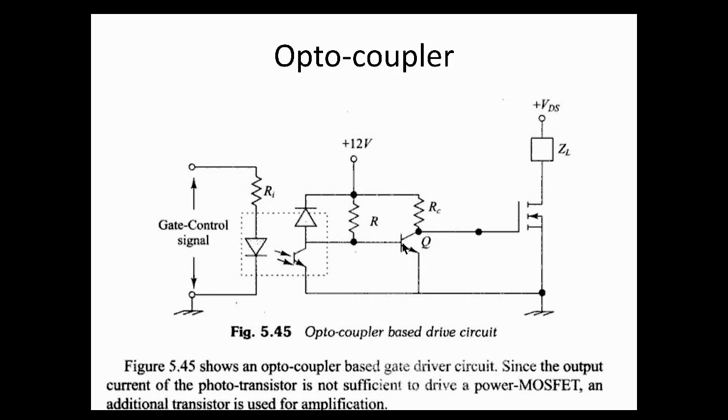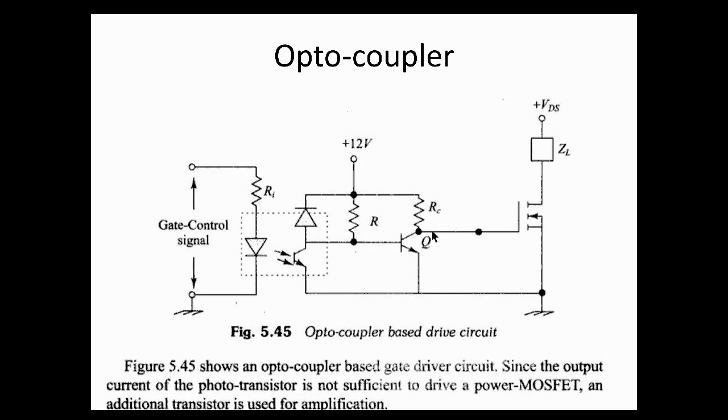So will this transistor Q come on or off? It will go on. All right. So when this is, let's say this is on, will this be able to turn this MOSFET on?